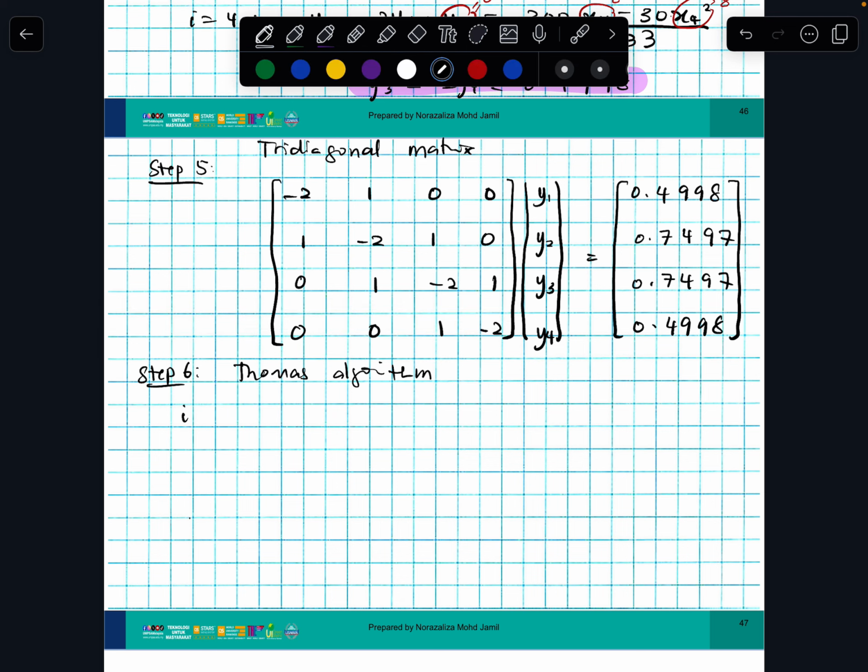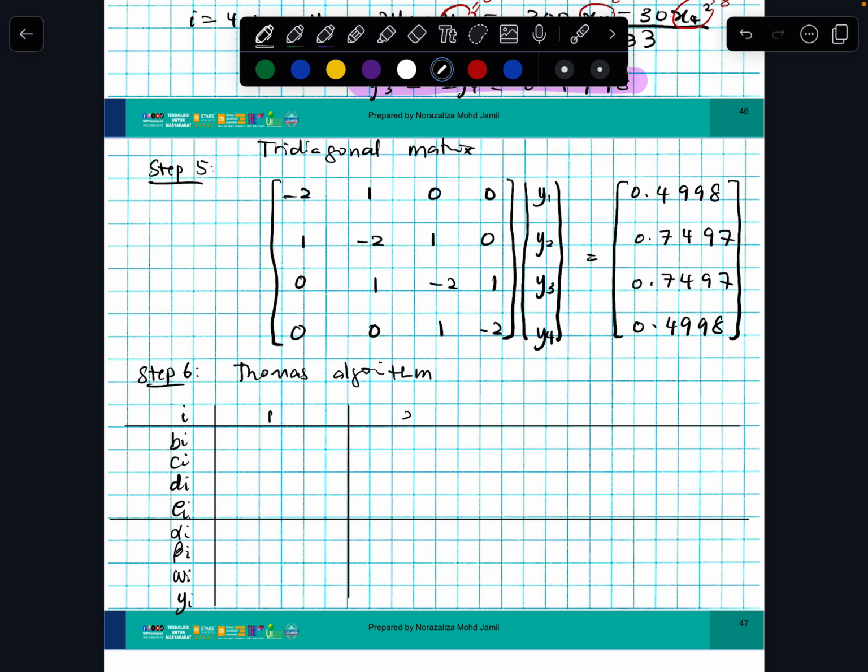So we have i, and we want to make 1, 2, 3, 4 columns, because i has 1, 2, 3, 4.